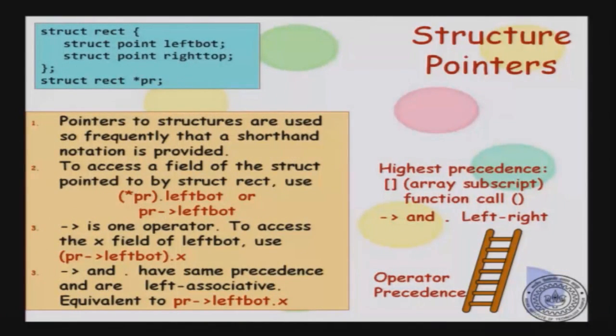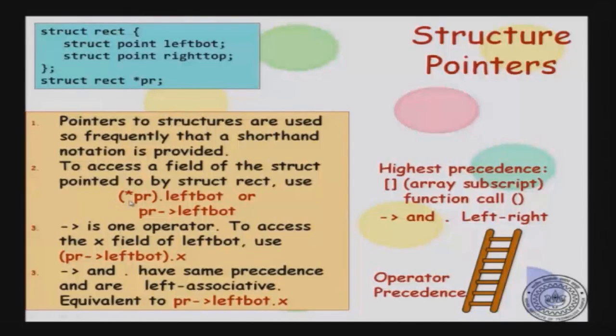There is one syntactic convenience that C provides you, because addressing structures is a fairly common occurrence, and because in this case by associativity you cannot omit the parentheses. You cannot say star PR dot left bot without parentheses, because it means PR dot left bot and star of that. That is not what you want. You want to say take the structure in the location star PR and take its left bot.